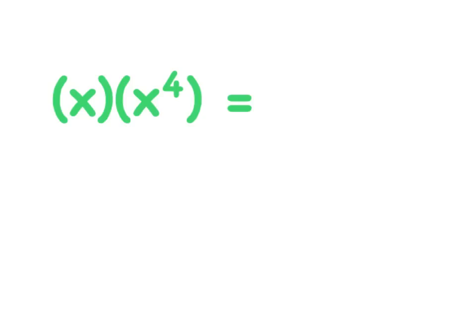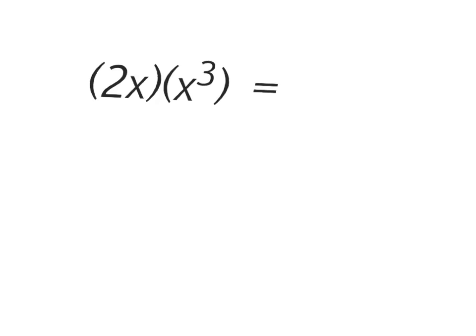X times x to the fourth. Let's go ahead and put our invisible exponent of the first power next to the x so we don't forget it when we multiply. So we have x to the 1 plus 4 power, or x to the 5th power. Let's try another example of exponent multiplication.